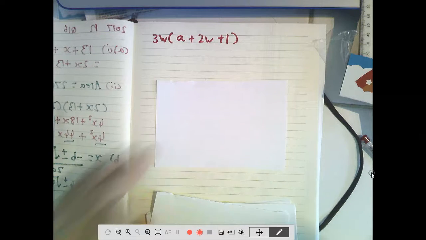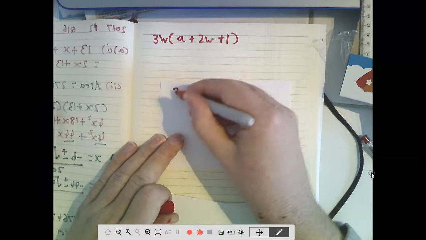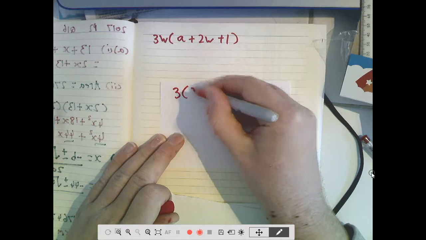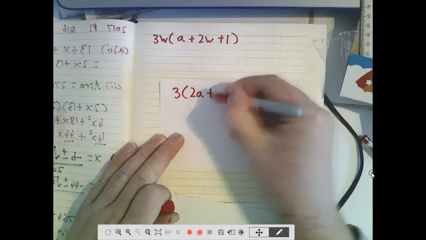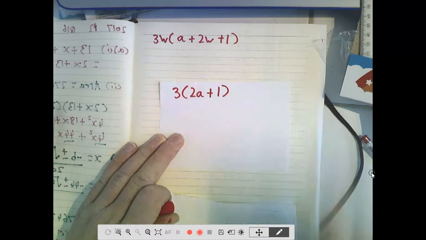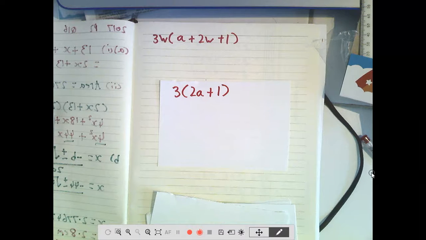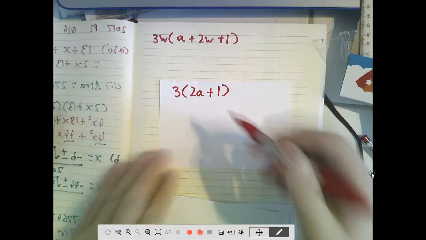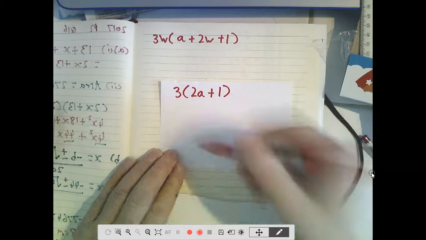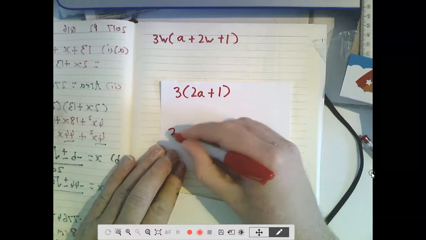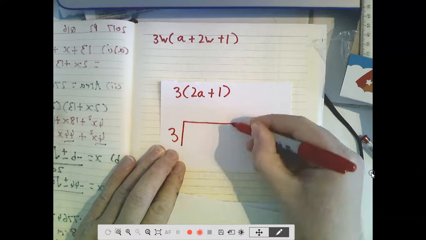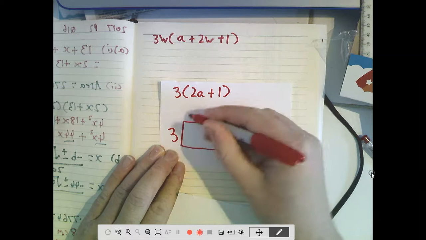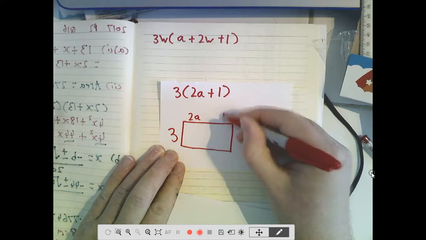Okay, so let's try something that's slightly more complicated. Why don't we do this? So when you've got an expansion like this, this is how we can think of it. We can use this model here. What's inside the bracket we can put along here.